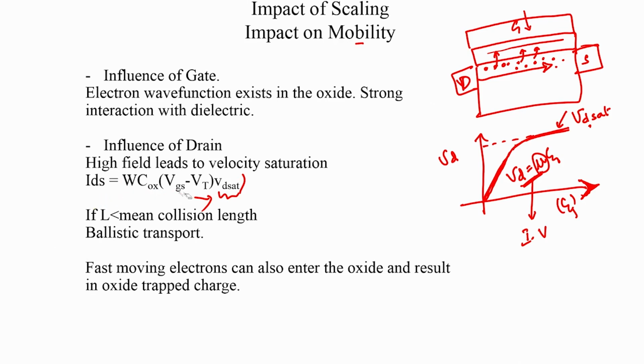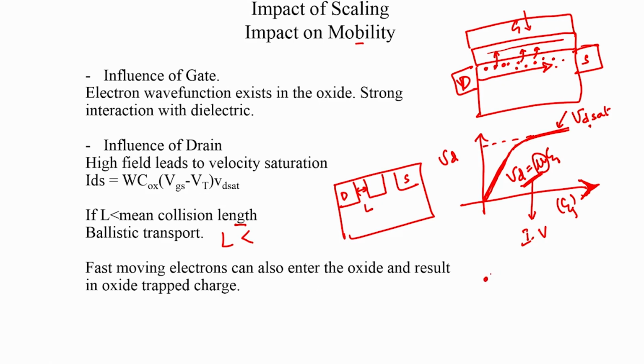Now, if the channel length is reduced to such an extent, so if you take your drain and source terminals and you start bringing them closer and closer, so you reduce L to such an extent that L becomes smaller than the mean collision length of the carriers, then we enter into a very different physics of operation. Normally, when you keep an electron in vacuum, it experiences a force and therefore it accelerates.